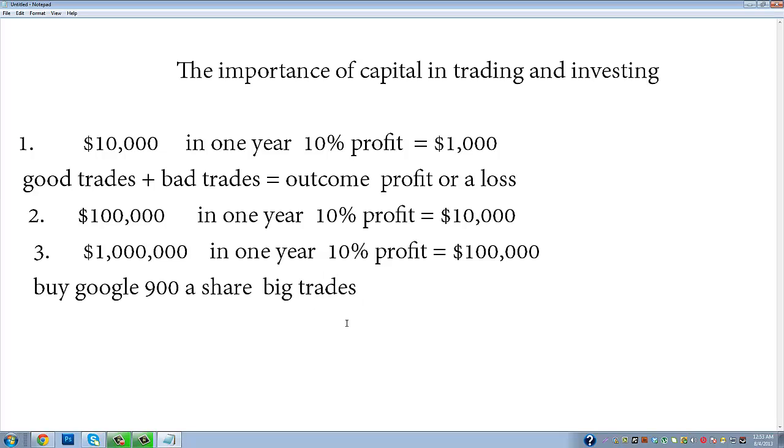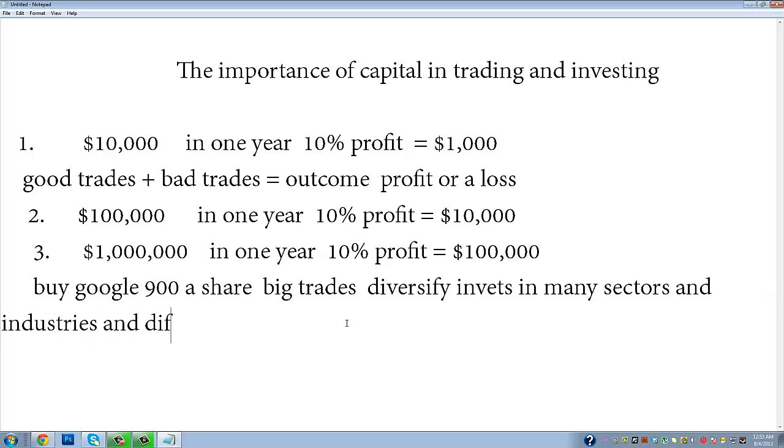In terms of money, he can diversify. For example, he invests in many sectors and industries and different stocks. It means he will be free to choose what he wants.